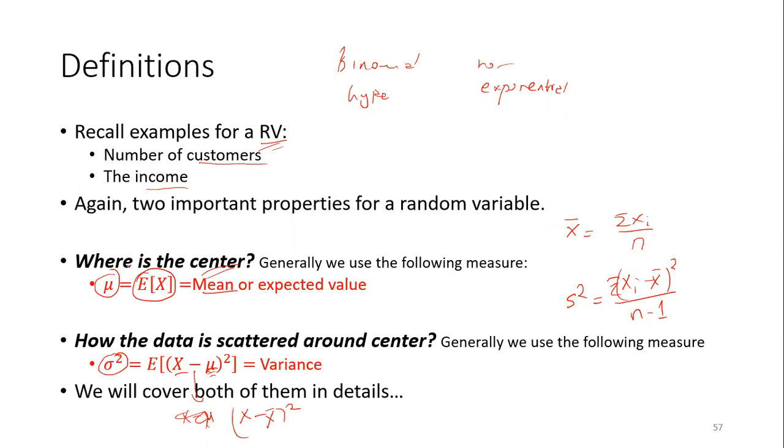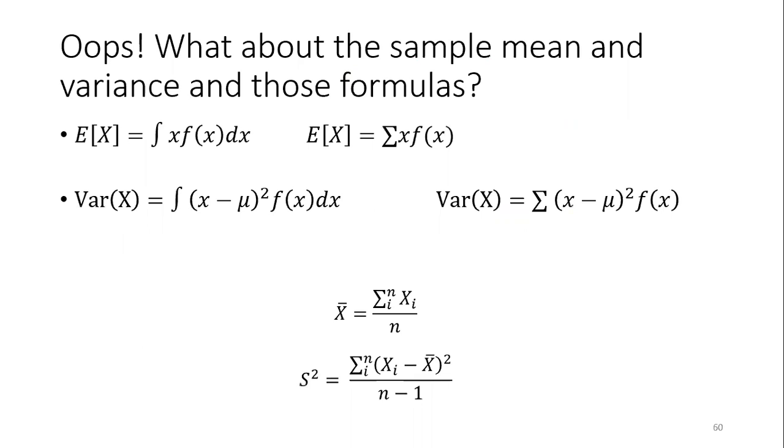Because remember, for mu, we say that the expected value of X is equal to the integral of x times f(x) dx if it is a continuous random variable. And if it's a discrete random variable, then it's the sum of x times f(x). Remember, f(x) was the probability mass function, or the probability distribution function. For example, if we are talking about a die, what is the expected value of the die that shows up?